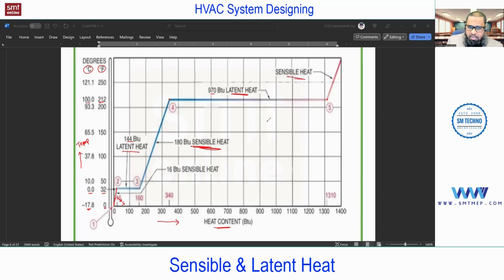And why am I focusing on this topic? Because at the time of the vapor compression cycle, we'll use all this information. In the vapor compression cycle, at the time of condensation, the rejection of heat equals the latent heat, and only then does the change of phase happen. And at the time of evaporation in the evaporator, again the extraction of heat equals the latent heat, and only then does the change of phase happen. So that's the reason this topic is important. And based on the vapor compression cycle only, we have this chapter 5.